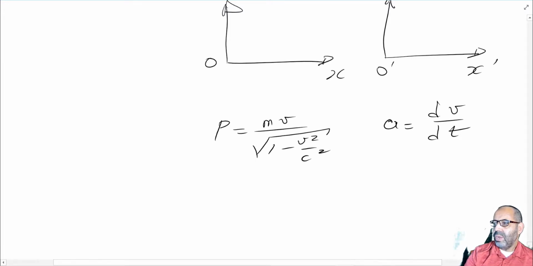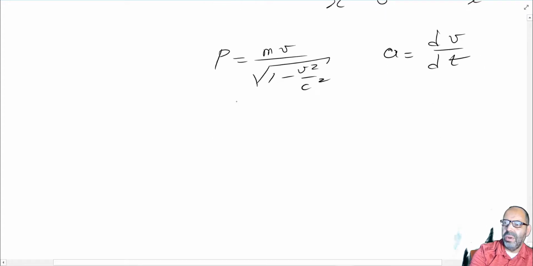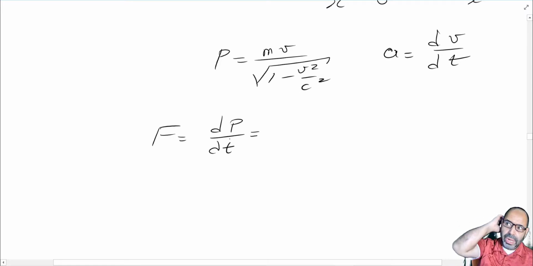So if we do that and we want to find the force, and require that the force is given by the rate at which the momentum is changing with time, then I'm going to write this one again as gamma mv, and take the derivative.